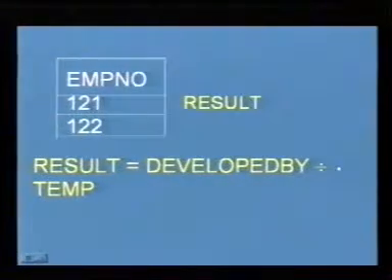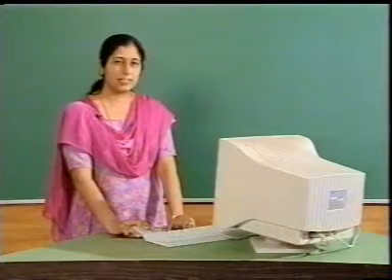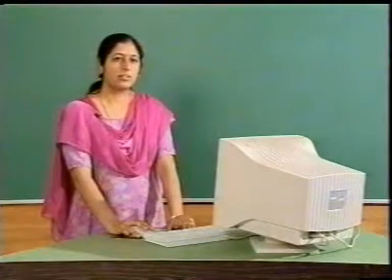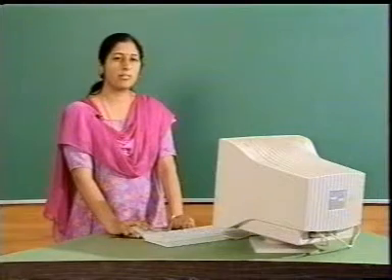Thus what we have done is we have divided the developed by relation by the temp relation to obtain the result. Thus in this discussion we have understood the importance of Cartesian product operation and have also seen what can be the disadvantages of using it.